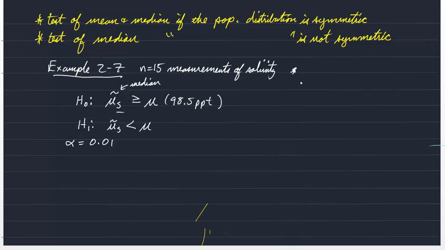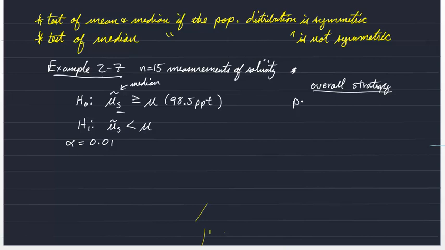So the overall strategy is as follows. If the median of the sampled population is the same as mu, then we would expect the probability of taking a sample and finding a value greater than mu to be 0.5.